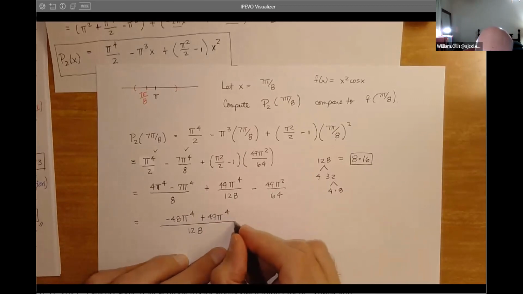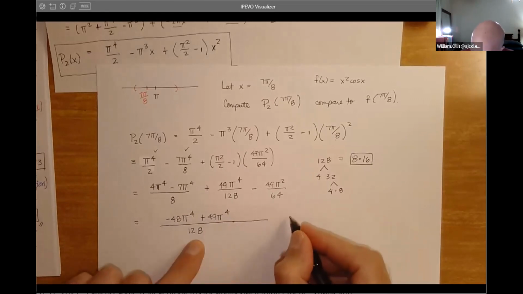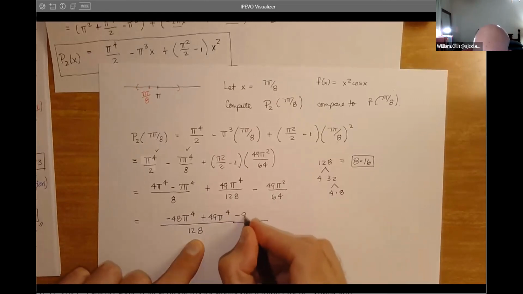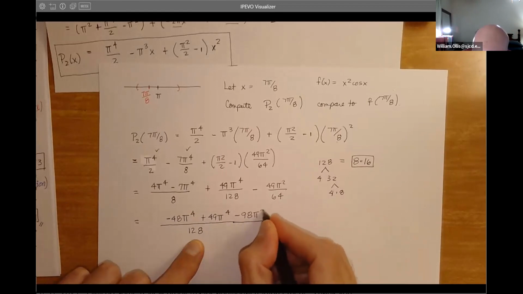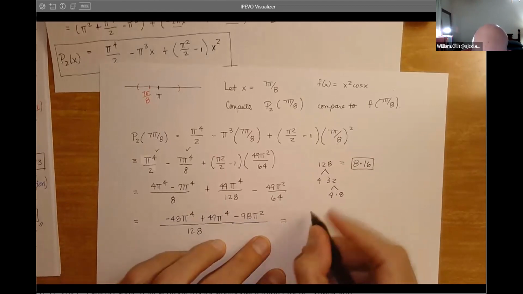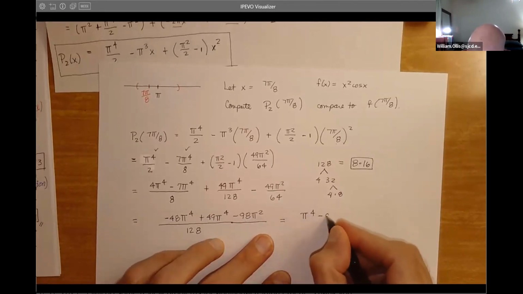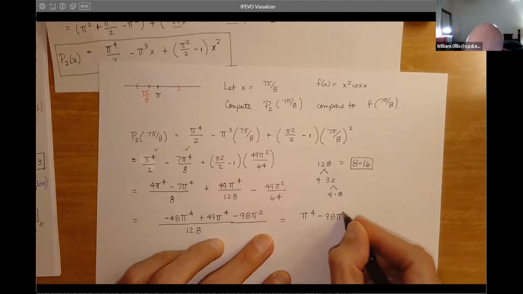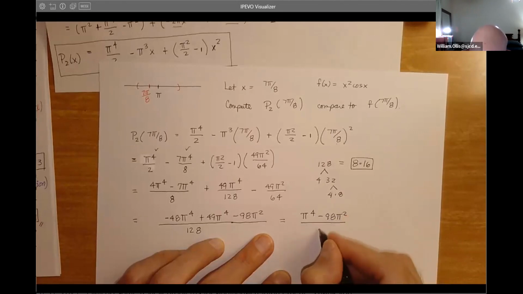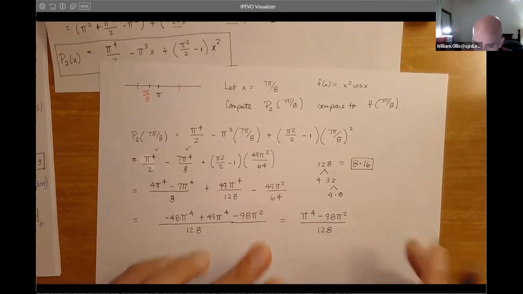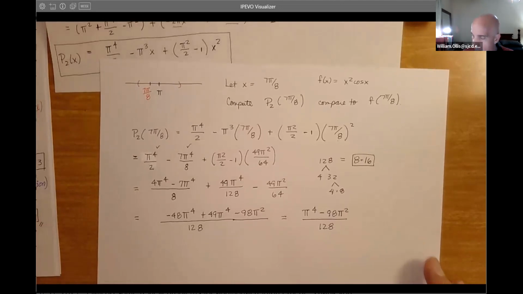And if you will, 2, so that'll be minus 98 pi squared. So this gives us pi to the 4th minus 98 pi squared divided by 128.